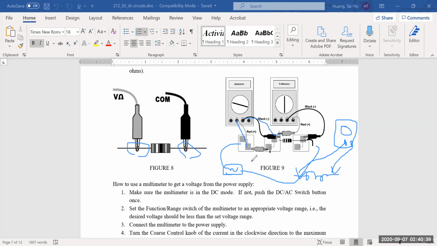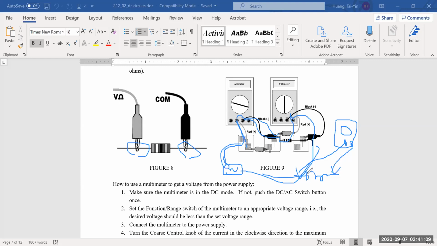When the current goes through the circuit, it goes through the power supply, coming to the spring, going through the ammeter, and then follows this curve. It goes through this lead of the resistor, and then comes across that, and completes the circuit like this.